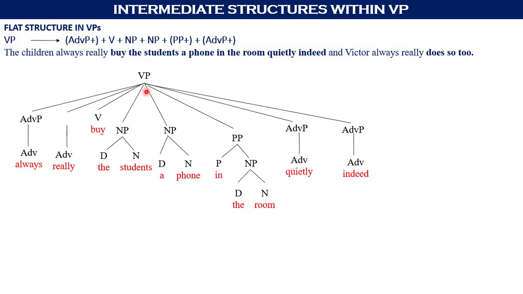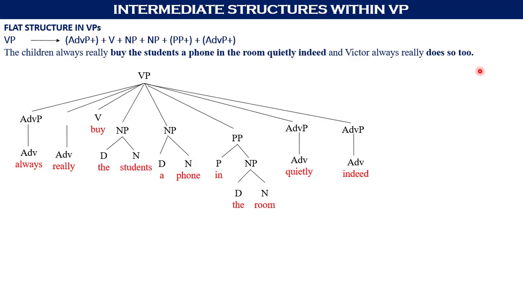Let's target the next group of words. The children always really buy the students a phone in the room quietly indeed. Now this time we are targeting a different group, that is, and Victor always really does so too.